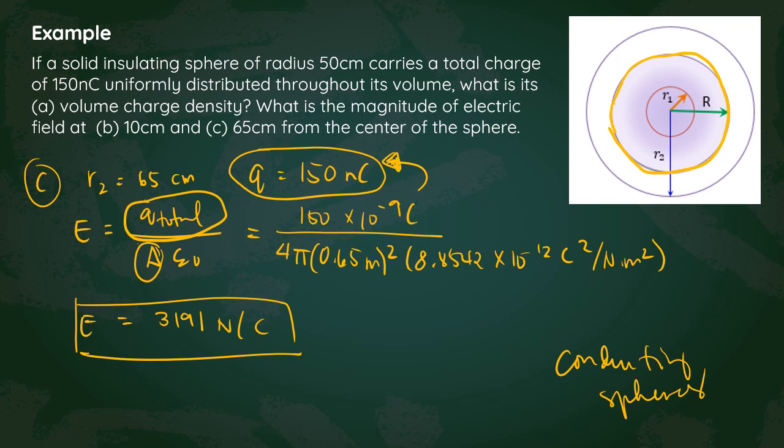And if that's the case, then the best charge distribution that we could solve is the surface charge density. Now, if it's a conducting sphere, there will be no electric field within the sphere because there are no charges within the sphere. All of the charges are on its surface. So you need to remember that as well.